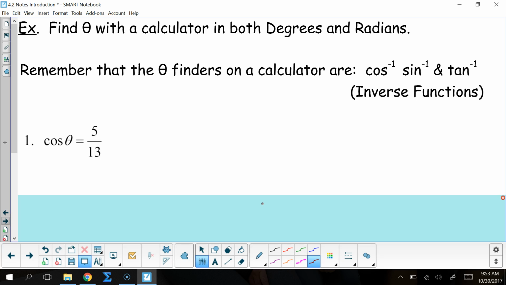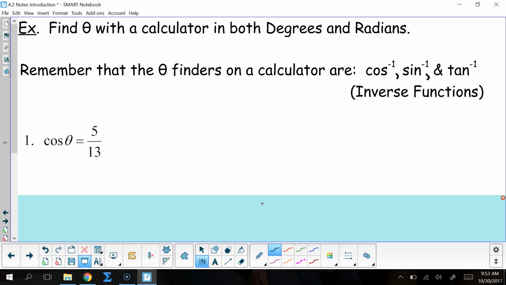So whichever mode your calculator is in, you can find it, and then you can just convert that into the other one. So remember, the inverse cosine, the inverse sine, and the inverse tangent ones are all of my theta finders. Okay?